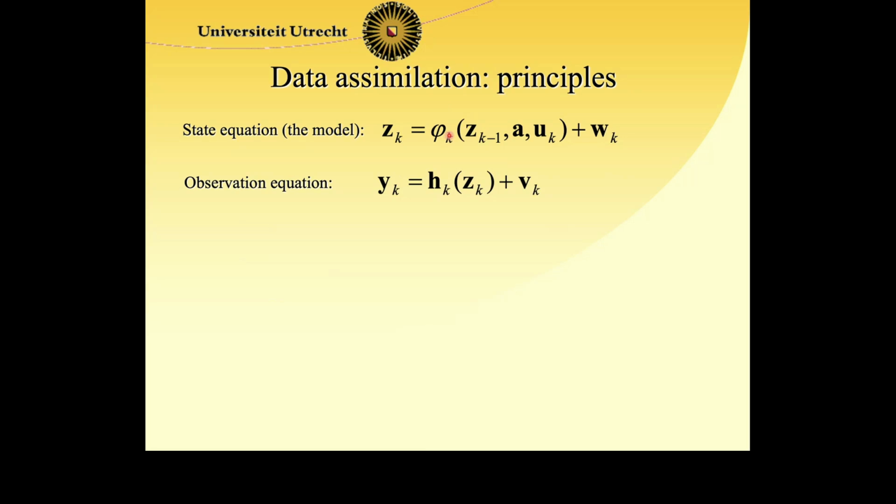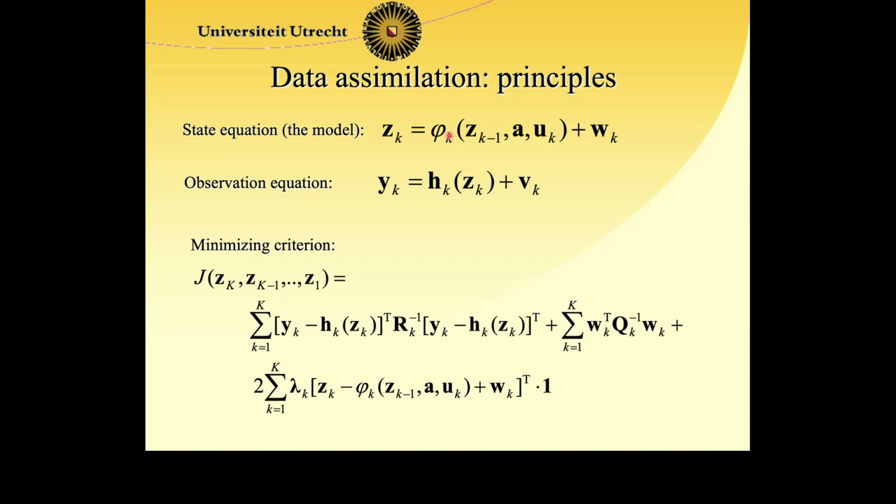And what we typically do with data assimilation is solve this minimization problem. So we try to find the optimal estimates of zk to z1, so a whole set of states in time, such that we minimize this criterion.